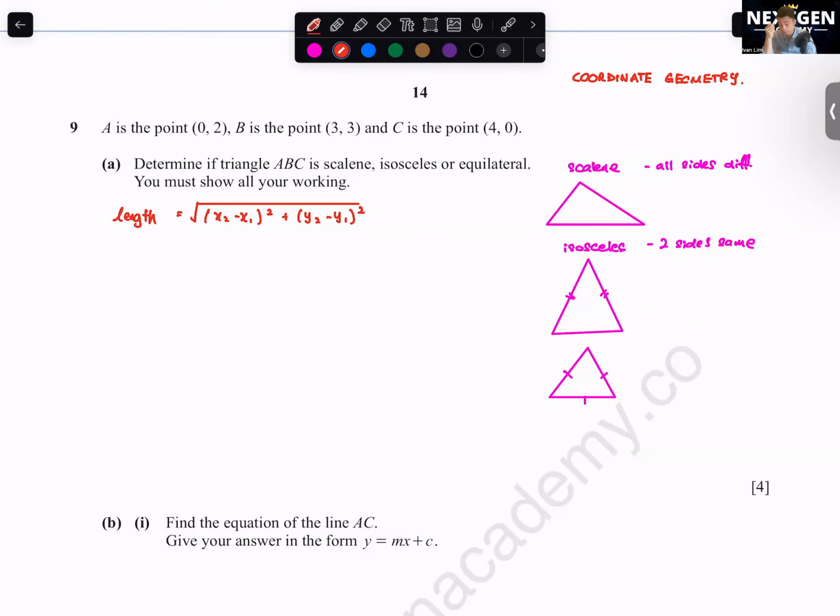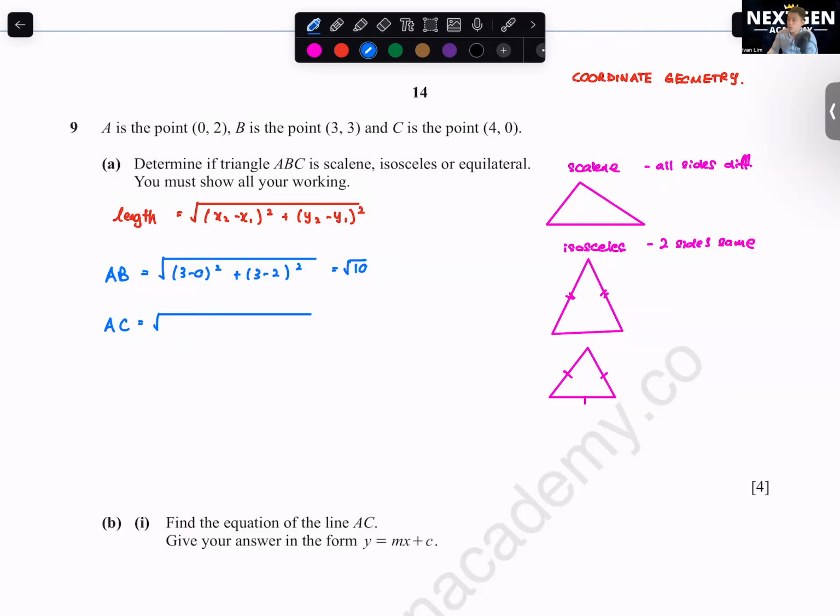Can you all find the length of AB, length of BC, and the length of AC? Okay, let's do this. Let's find what is AB first. AB is square root of (3 minus 0) squared plus (3 minus 2) squared. We will get root 10. Just type in the calculator. Root 10.